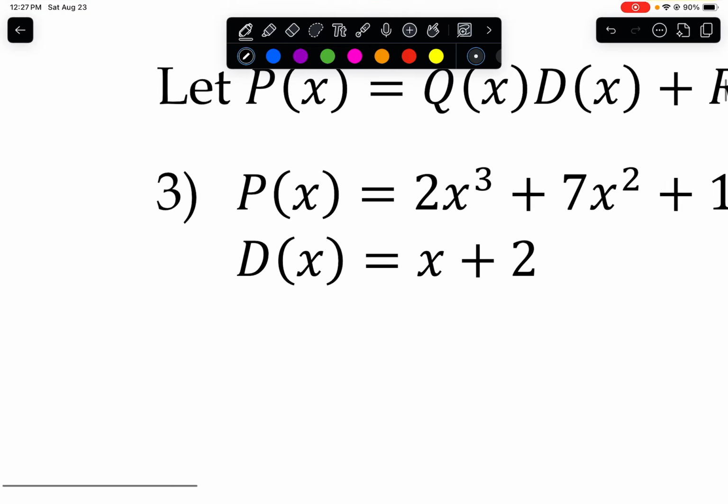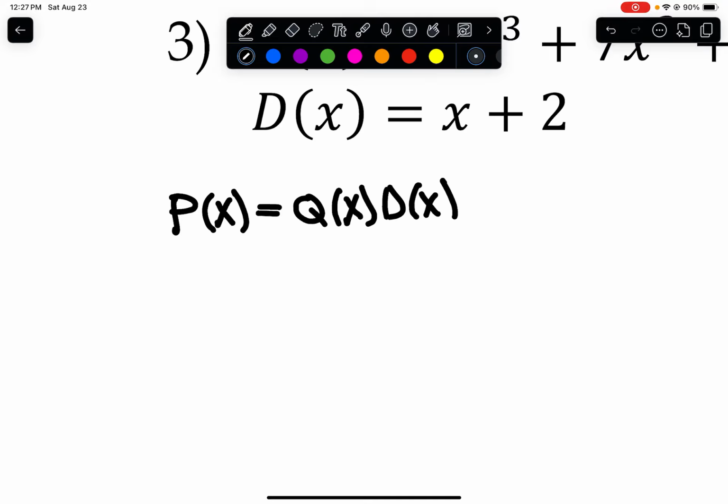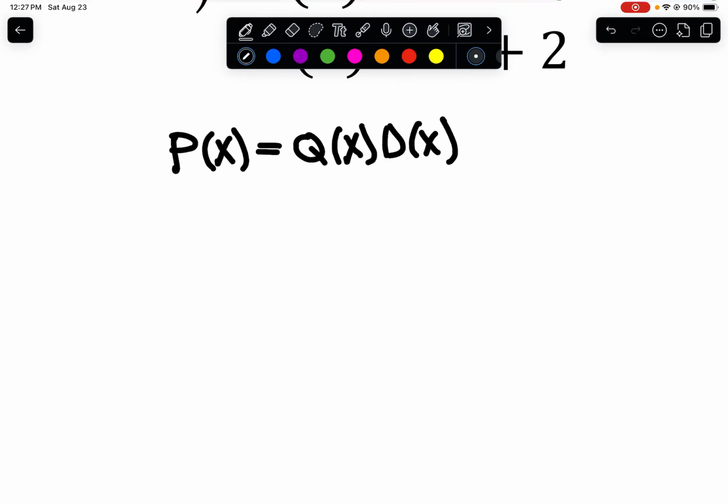So if you really wanted to solve it, p of x equals q of x times d of x plus your remainder, which is r of x. So we don't know if we're going to have some sort of remainder, so I'm actually just going to pretend that this isn't here. So just in general, we're solving for the quotient, which means here I'm going to divide by whatever the divisor is.